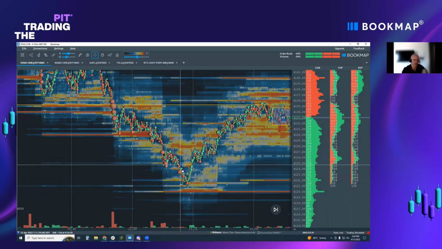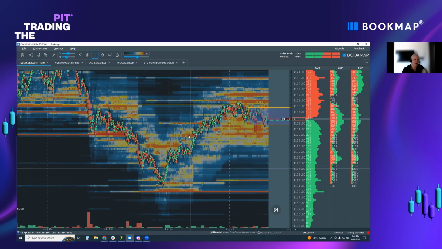So a move down again, a pullback here, another pullback here, finding more buyers, and then they finally are able to get above the sellers right in here. See that area right in here, and look at the buying pick up in this area. Okay, and that's where the buyers took control of the market in this time frame.